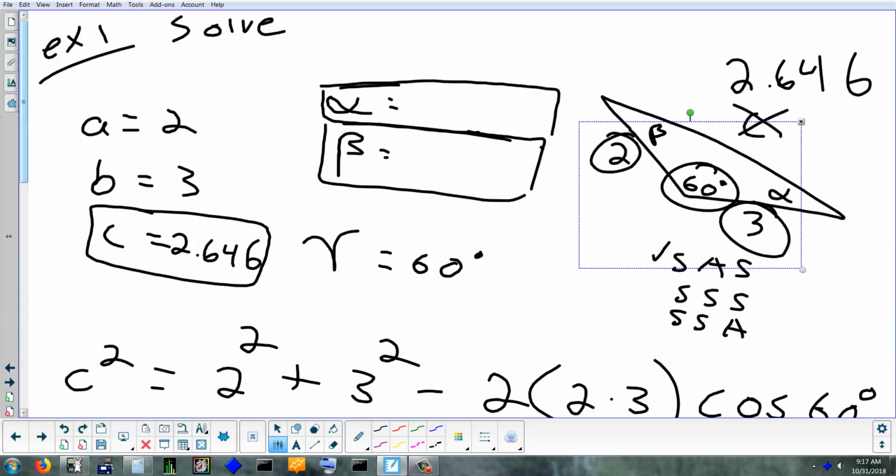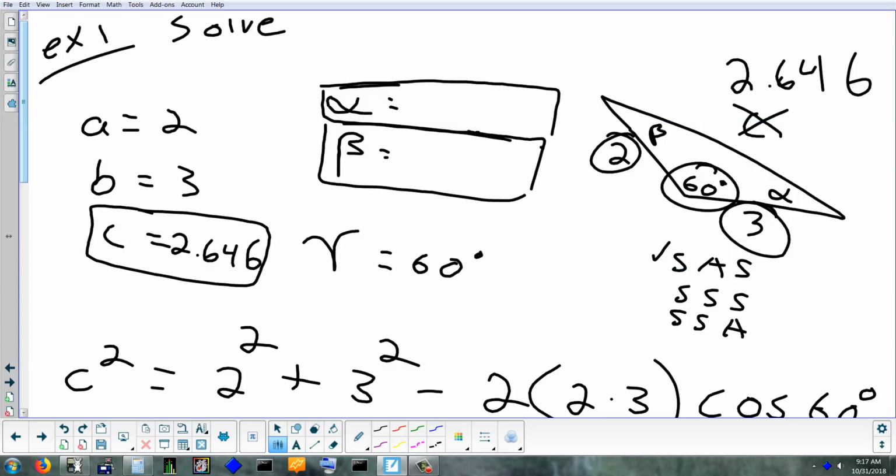Now, I don't want to look at this problem as side, side angle. How come? What is that one, side, side angle? It's law of sines, and what about that case? That's the two solution, no solution, all that stuff. So if I look at this as side, side angle, then I'm going to have to go through all that stuff.